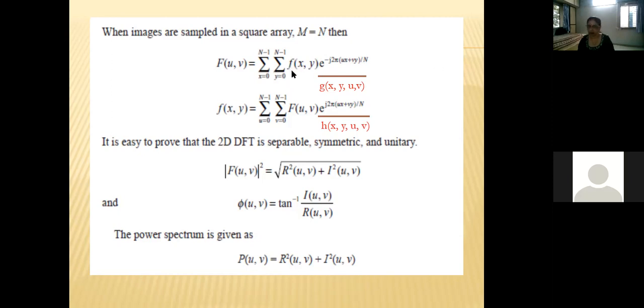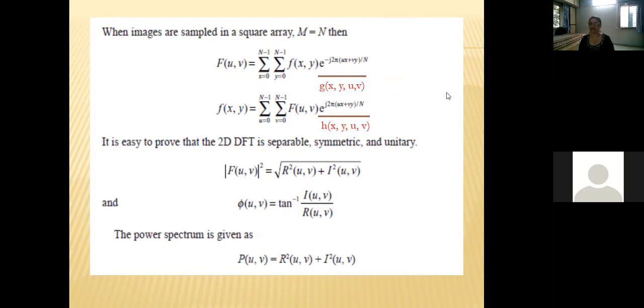We are transforming the image from the image plane to the Fourier domain, and the u and v indices represent the equivalent frequency coefficient position in the frequency domain.